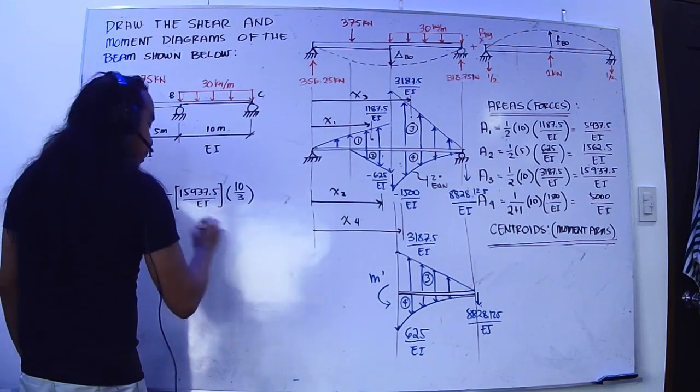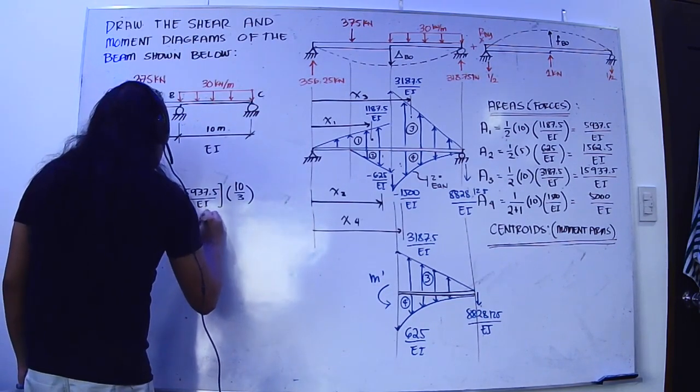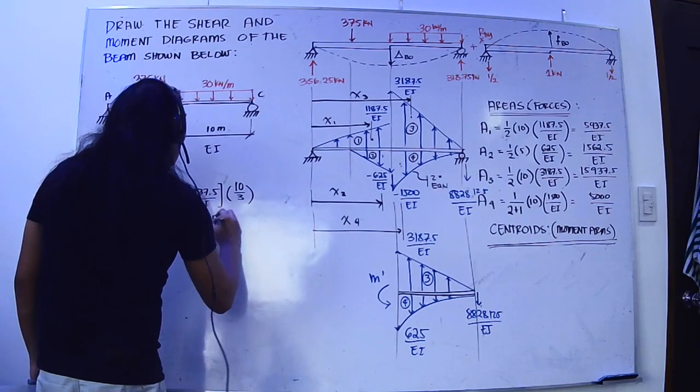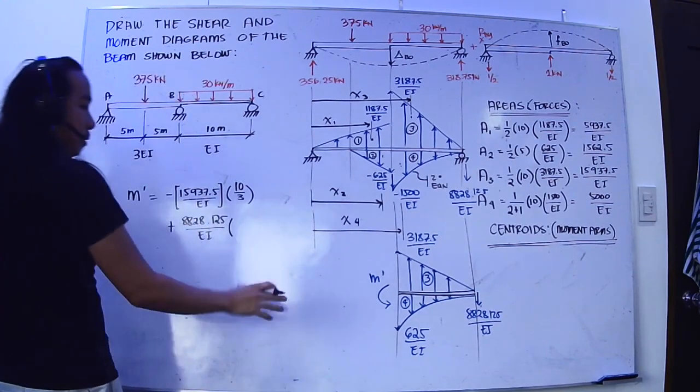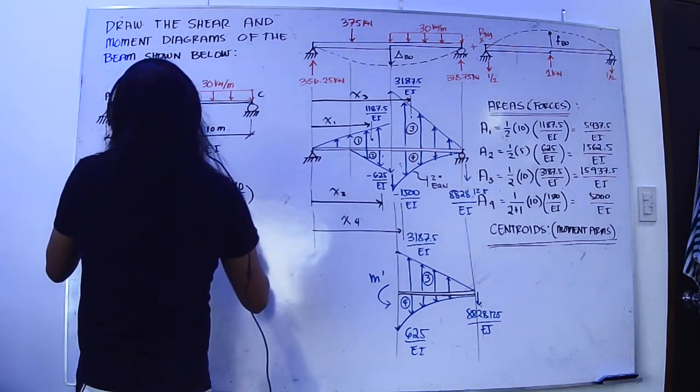Plus then there is 8828.125 over EI multiplied by 10.